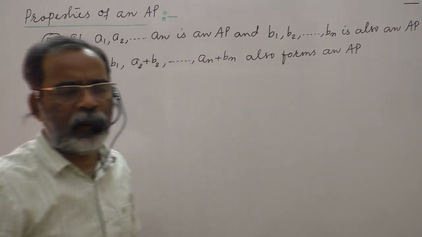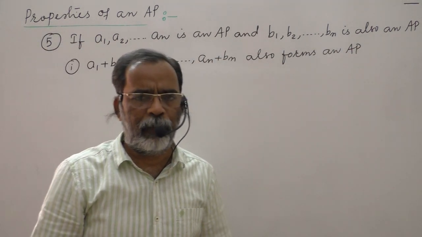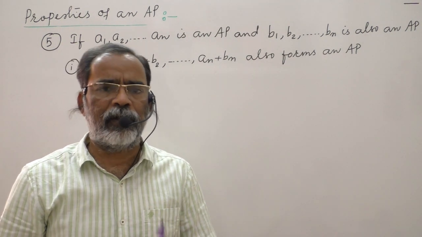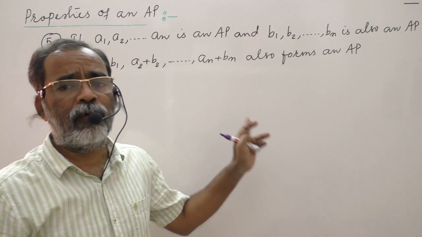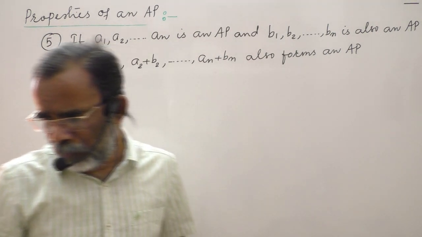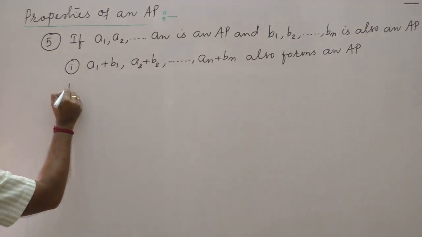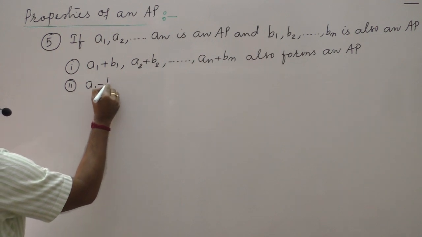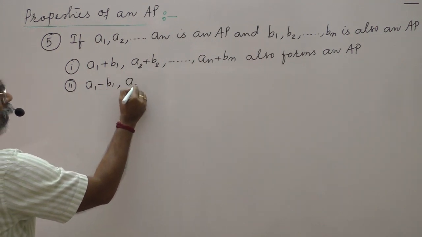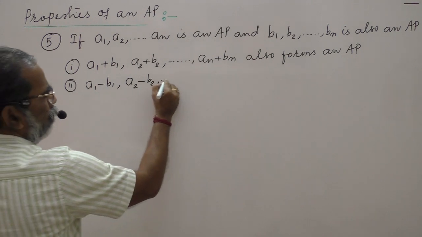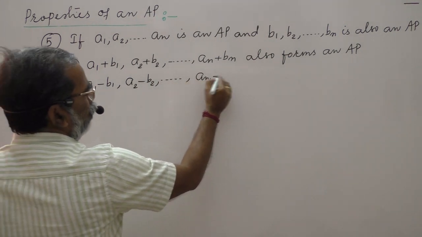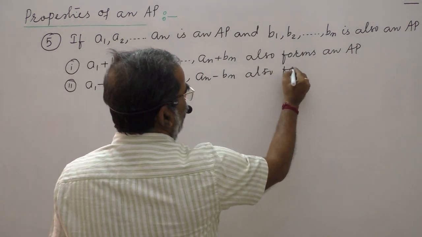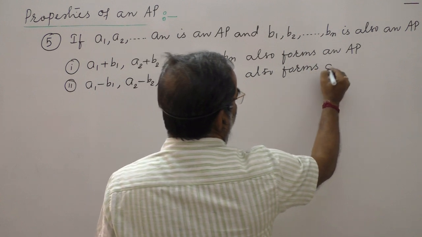What this property says is, if you have two different APs, then adding their corresponding terms gives a resulting series, and that series also forms an AP. Similarly, number 2, for the two different APs, the difference of their corresponding terms, AN minus BN, also forms an AP.